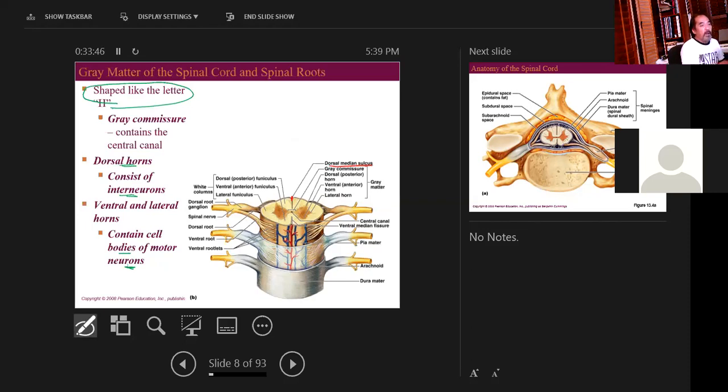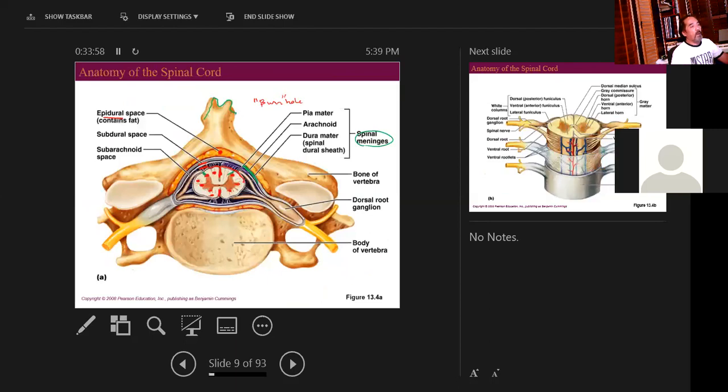But here you have a big cut, and that's the reason why we call it a fissure. So we call it a ventral median fissure. That's the one you see in the middle of the spinal cord. Here is the dorsal median sulcus, and here is the ventral median fissure, meaning a deeper cut.